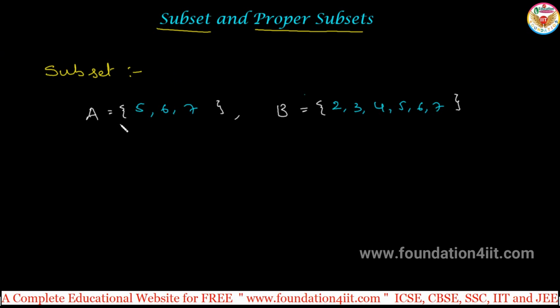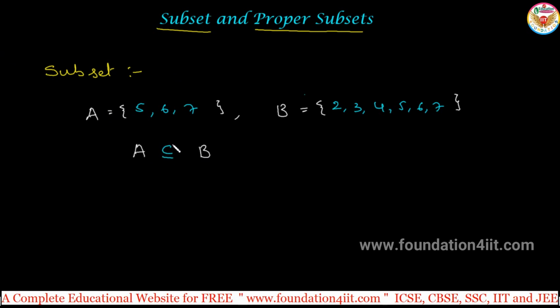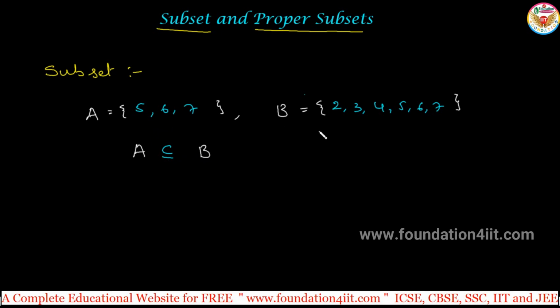So we use the symbol between A and B, we should write it like this. This U-shaped symbol is the subset of symbol. A is a subset of B. All the elements of set A belong to set B, then set A is said to be a subset of set B. Same way you can take any other example.